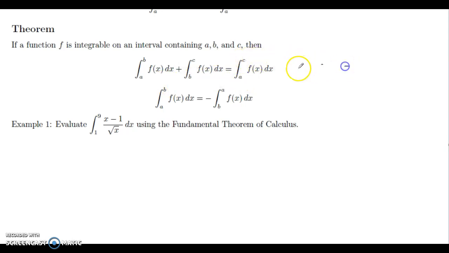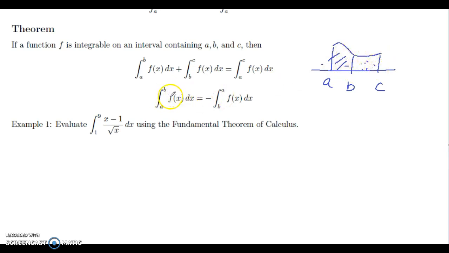If you draw a picture, this is a function. The integral from a to b is the area here, and the integral from b to c is the area here. But then the integral from a to c is the entire area under the curve.